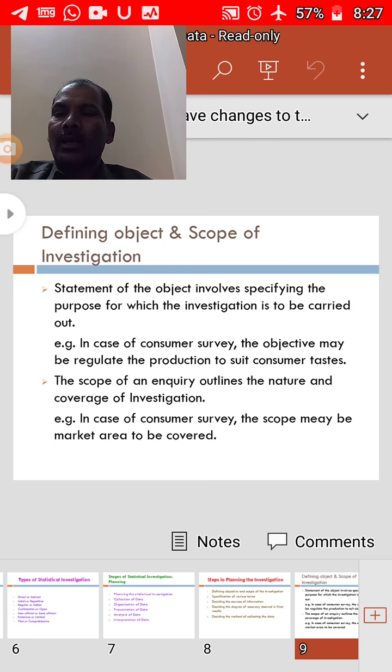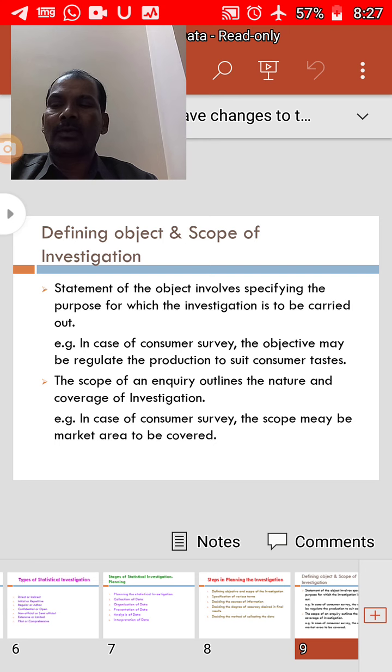When we consider the scope of investigation, it is also necessary to define it. The scope of any inquiry outlines the nature and coverage of investigation.